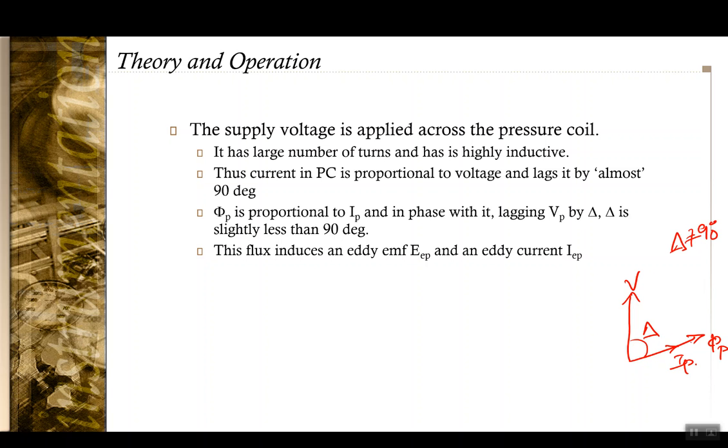Now this flux phi p is going to induce an eddy EMF EEP in the disc, in the aluminum moving disc, and that will lag this phi p by 90 degrees, and there will be a current IEP produced in the disc.